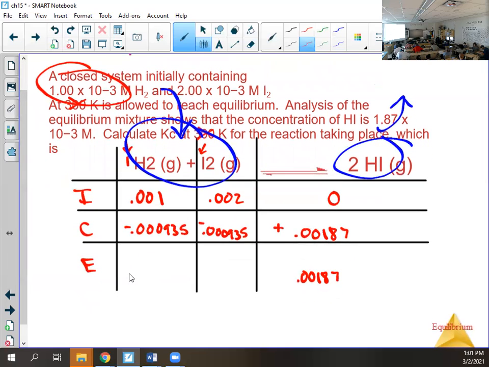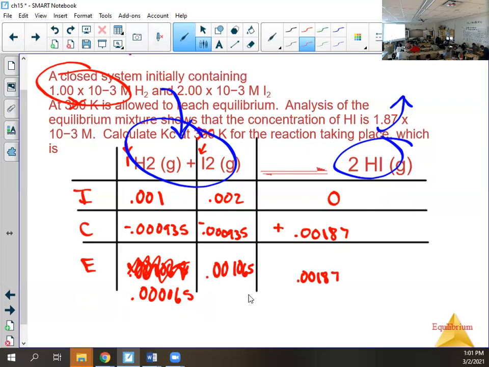What is the equilibrium for H2? Thank you. And this would be, that's the other one? Okay, this one is 4 zeros?